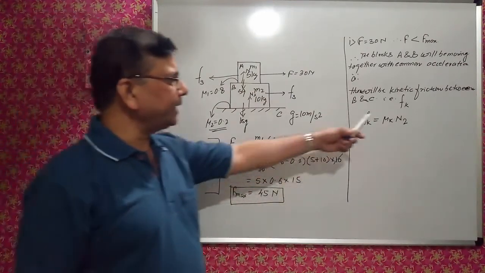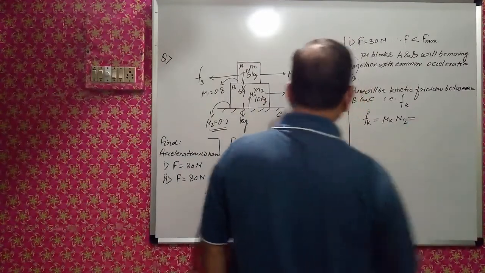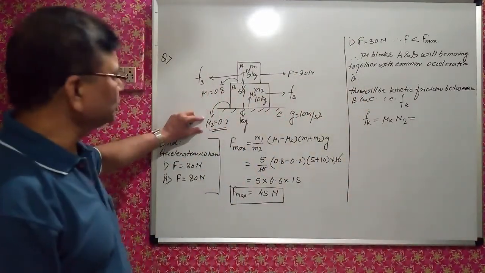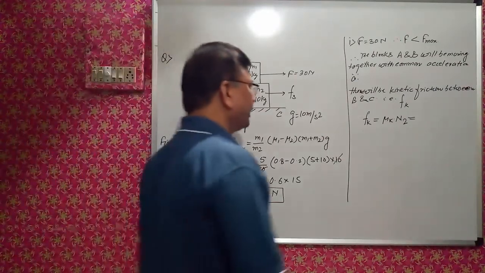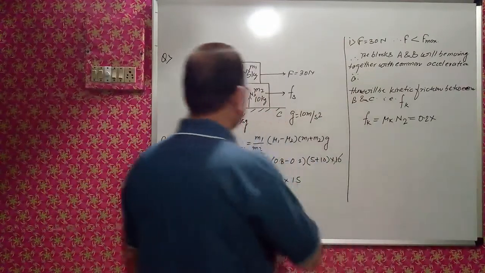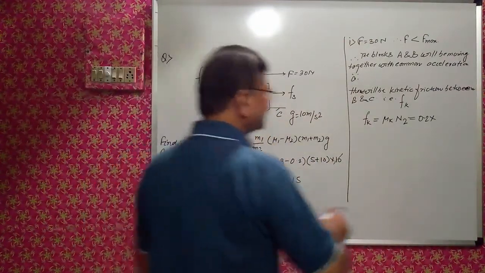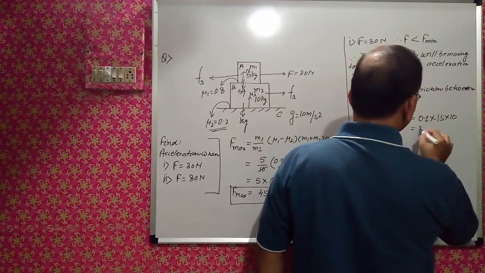So mu k into N2, right? So what is mu k? We will use mu 2 for mu k, the 0.2 into N2, which is 15g. That is 15 into 10, that is equal to 30 Newton.